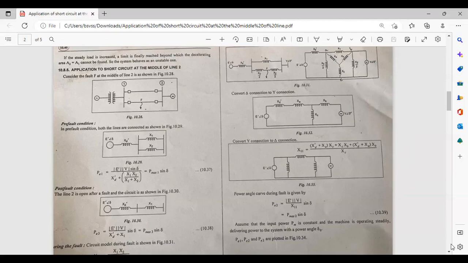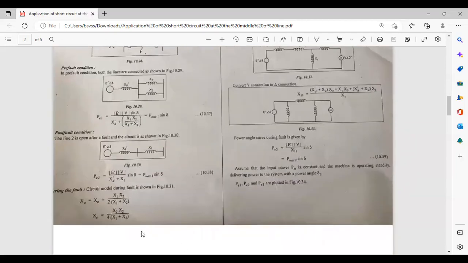So in the denominator, you will get X1 plus X2, and in the numerator, X1 into X2 divided by 2. Similarly, by applying the same formula, you have to calculate the values of XB and XC, applying the delta to star conversion.